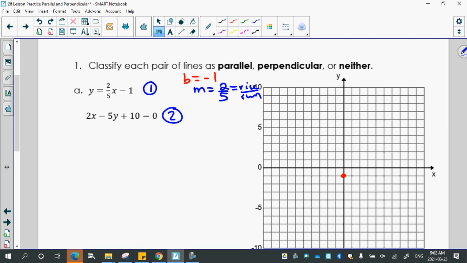So from the y-intercept, I'm going to rise up 2 and over 5. Reverse it. Draw my line in. Here's my end, and this is line 1 for me.